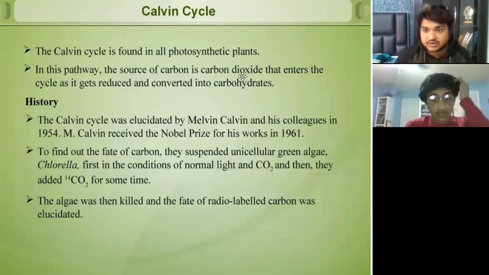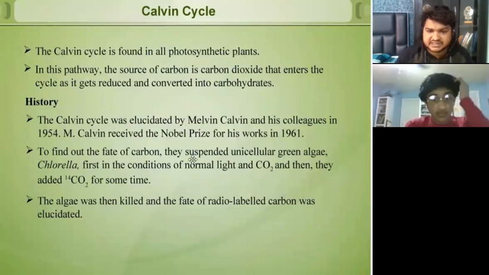In photosynthesis water and carbon dioxide are both required, and they form the glucose. So carbon dioxide provides the carbon. Very simple, right?